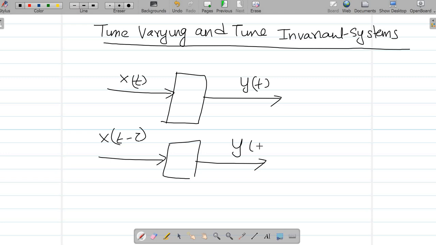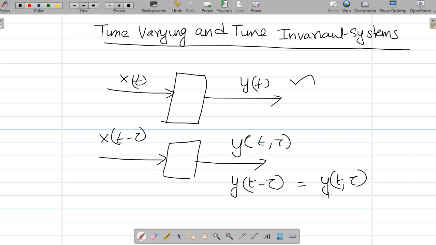I get an output which is y of t comma tau. Now I take this y of t and shift it. When after shifting, this becomes equal to this, then we can say it is a time invariant system.